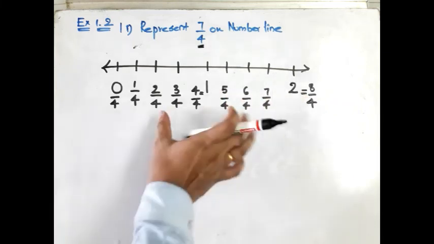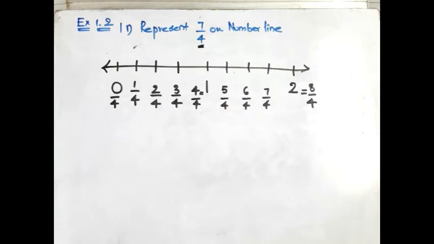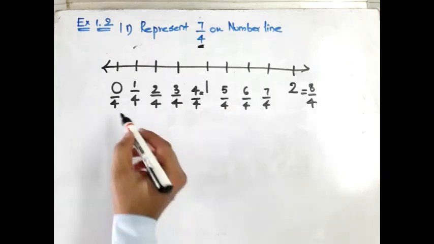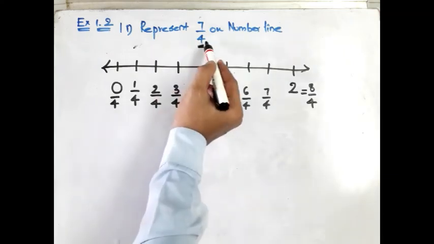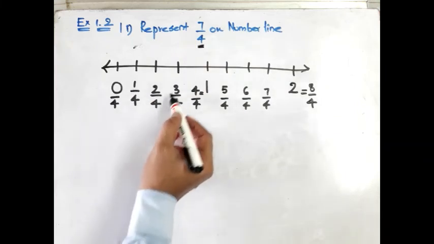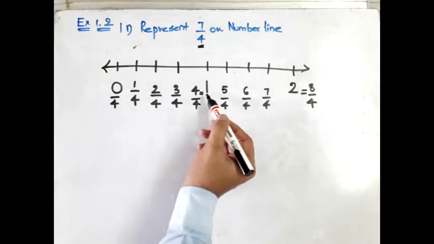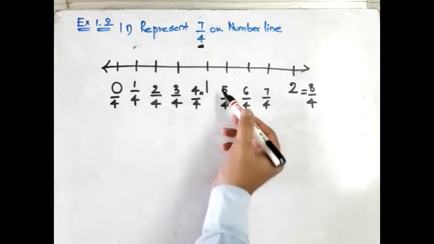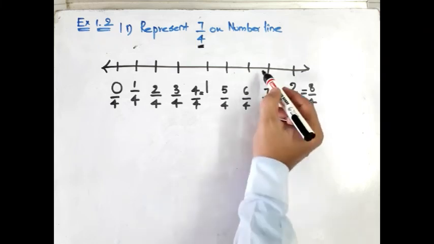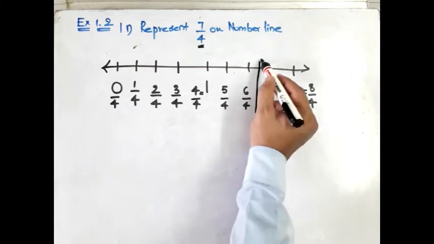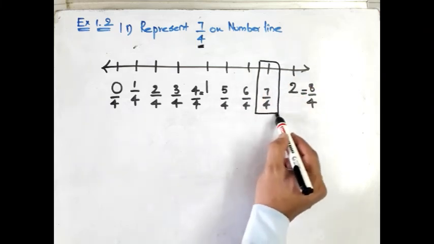Better to use squares so that it will come out nicely. So 0 by 4, because the denominator is 4 here, 1 by 4, 2 by 4, 3 by 4, 4 by 4 or 1, both are the same. Next is 5 by 4, 6 by 4 and lastly 7 by 4. So our required answer is here.